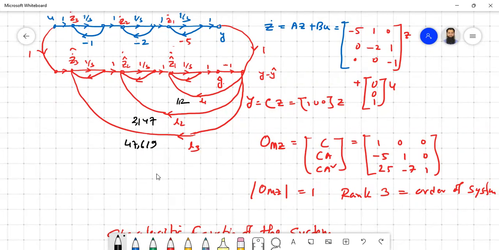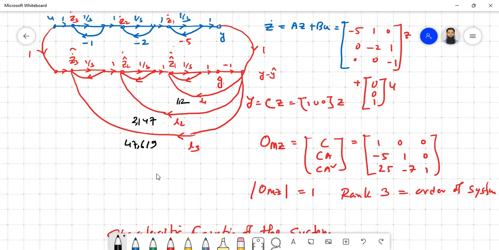So the design is done. If you want, using any programming language, MATLAB, the Control System Toolbox in MATLAB, or Python, or Scilab, you can simulate and see how the response is 10 times faster compared to the uncompensated one, which is simply without the feedback, if you have the observer design.